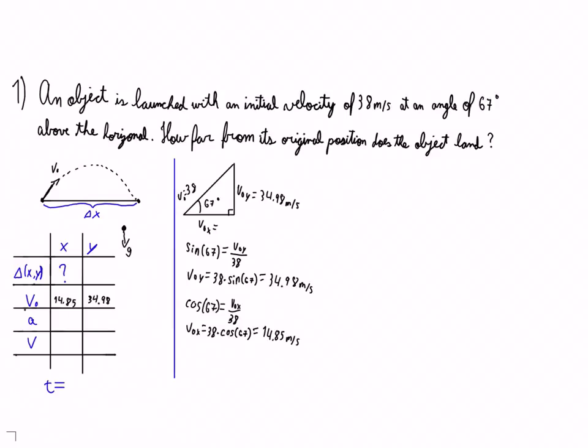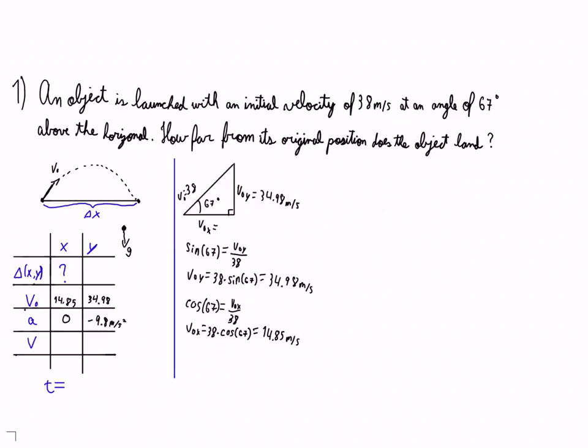So in the y direction, we know that the acceleration is negative 9.8 meters per second, or g, meters per second squared, actually. And there's nothing acting on it in the x component, so we can safely assume that the acceleration in the x direction is just 0.